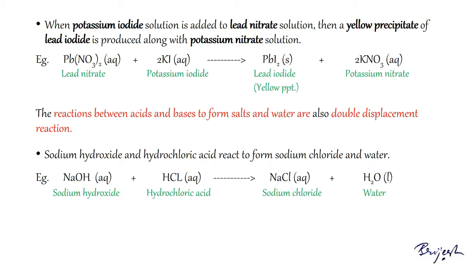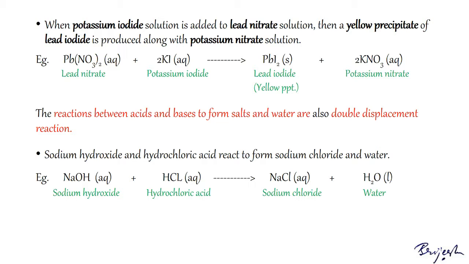Kindly note that whatever compound you are seeing, you have to remember. So you'll see lead nitrate, Pb(NO3)2, this you'll have to remember, because they are formed based on their valencies. This is also a double displacement reaction.